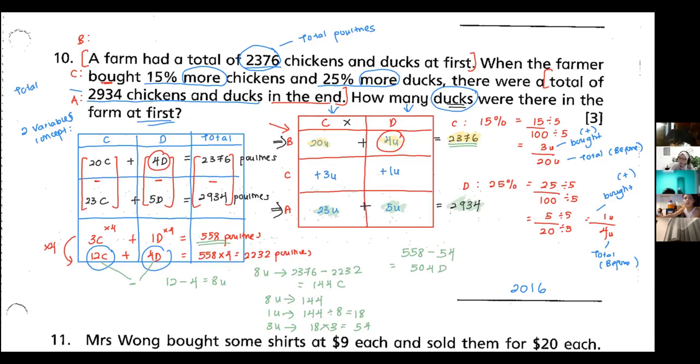And if you look here, I want to find 4 ducks, right? 4 ducks at first. Can you see the 4 ducks there? So 4 ducks means you take 504 times your 4 and you get 2016. And that's your answer. Okay.